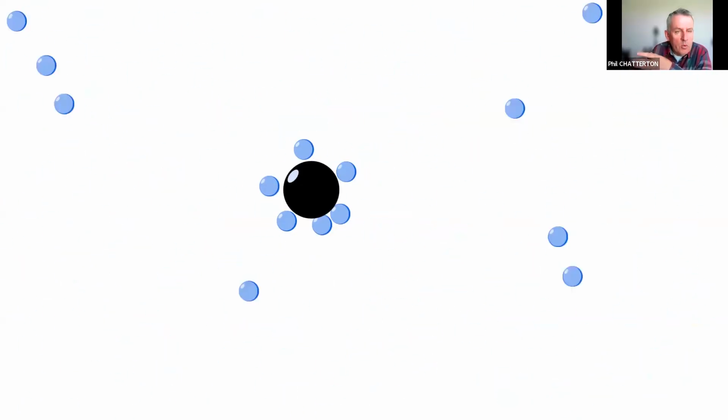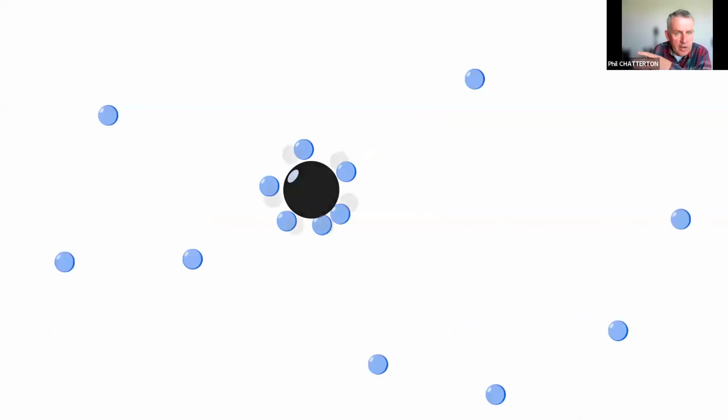And what you can see is that there are fewer water molecules now moving around freely. We'll grey out the dissolved ion there with its hydration shell, in the sense that that complex, if you like, is no longer free to move around. Well, it does move around, but it can't cross a membrane. So it moves around like that as in a solution, okay?